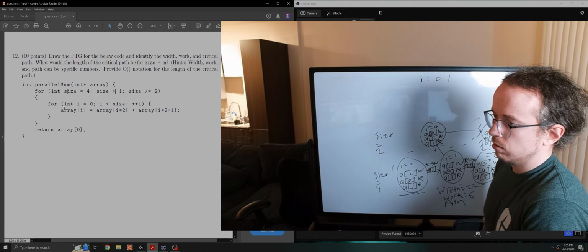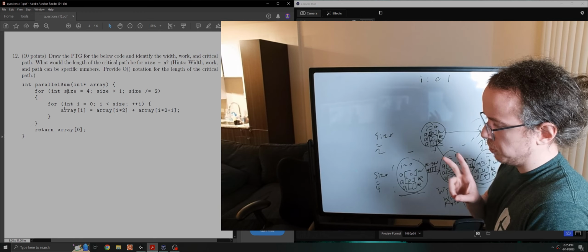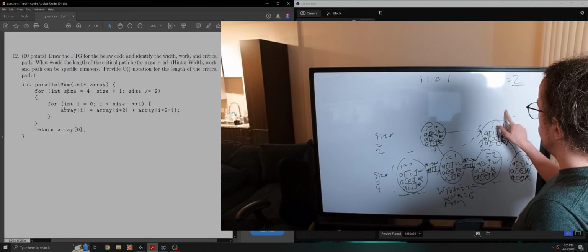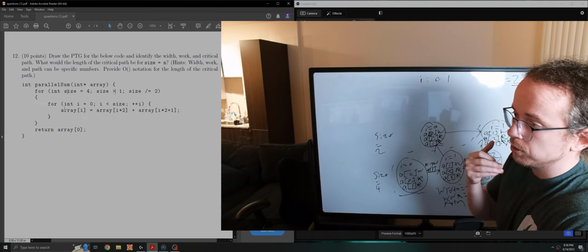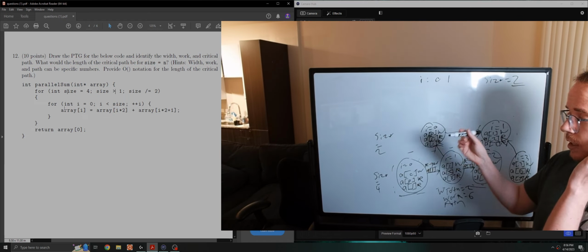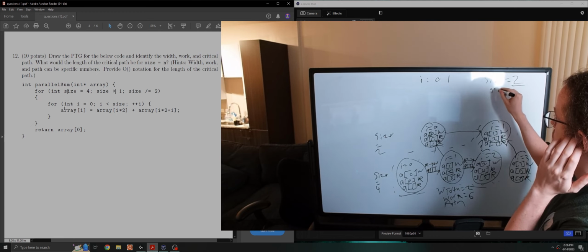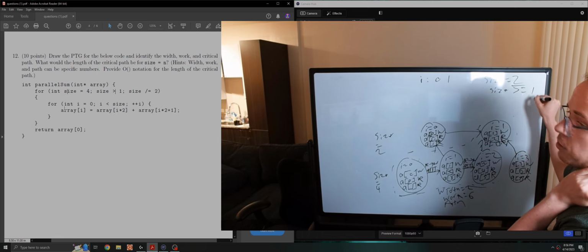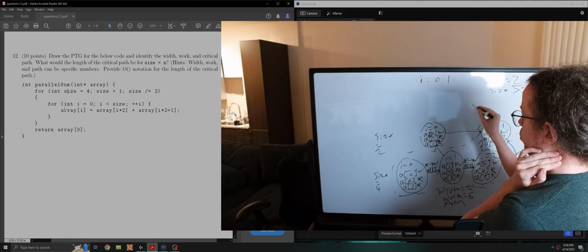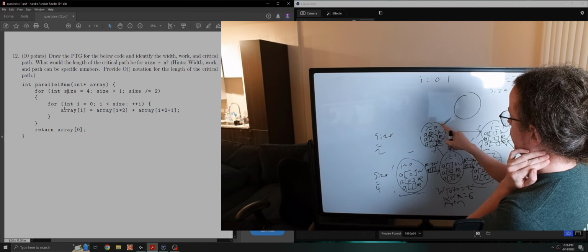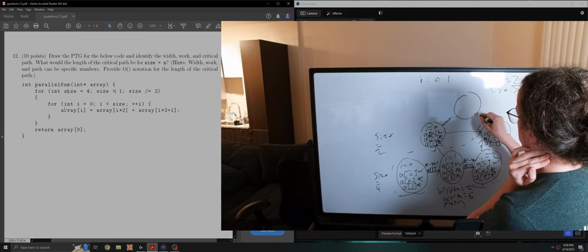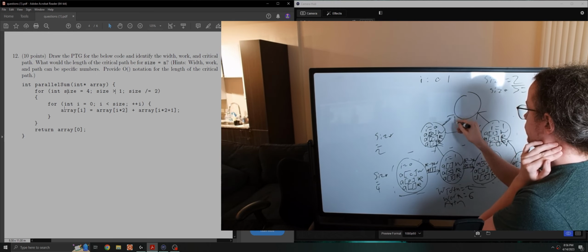Now, 2 things I want to address. One is the length, which I'll address after this problem, because I think the intuition will be better. If I had done size less than or equal to 1, you would have had one last node that depended transitively here and directly here.